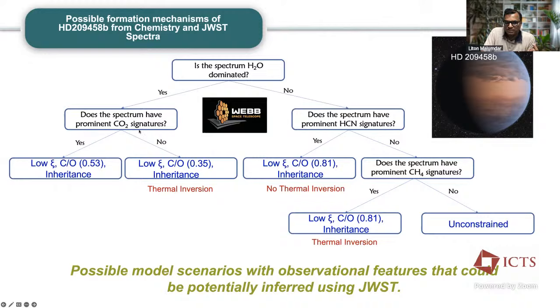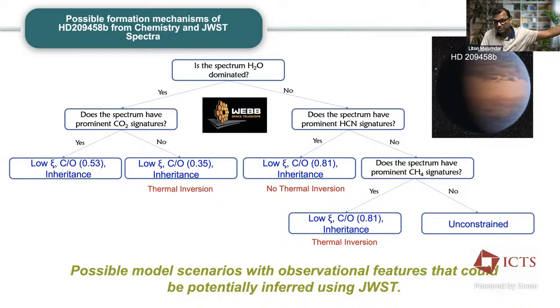If it has CO2 signatures, then it might tell you that the planet might have formed in a low ionizing environment with carbon to oxygen ratio of 0.53, where most of your gas in the disk is inherited from early stages of planet formation.